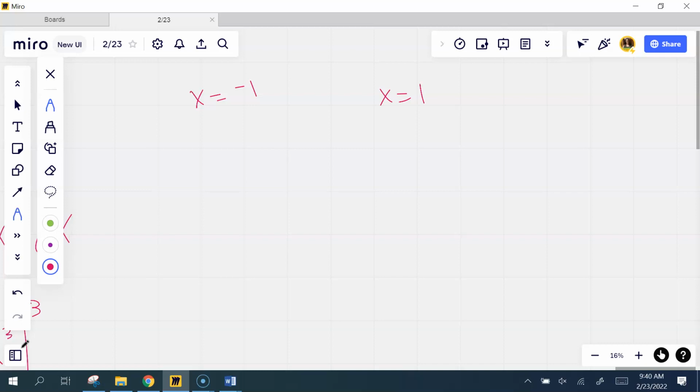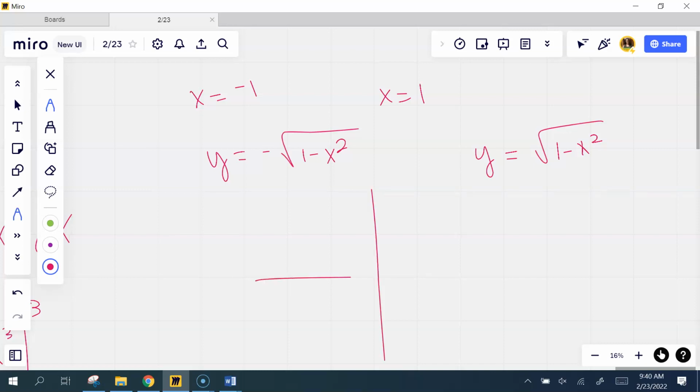The cross sections perpendicular to the x-axis between these planes run from the semicircle y equals negative the square root of 1 minus x squared, to the semicircle y equals the square root of 1 minus x squared. This is a whole circle from -1 to 1.